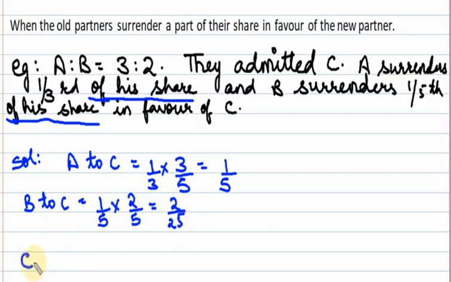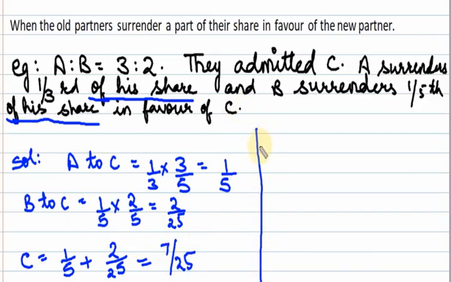So if you check the share of C, he got 1/5 from A and he got 2/25 from B. So his share will be 7/25.